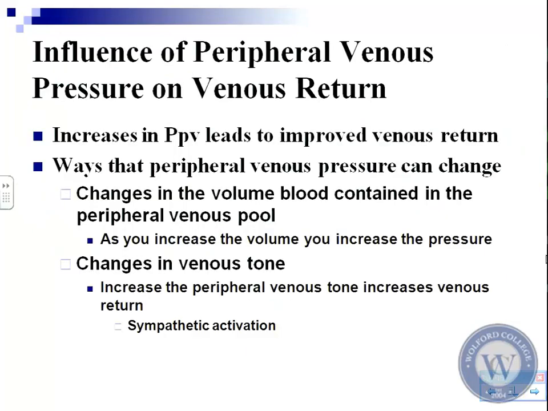Now, what can influence the peripheral venous pressure on venous return? You can increase your delta P; in other words, you increase your peripheral vascular tone and it improves venous return. The ways that peripheral venous pressure can change are changes in the actual volume of blood contained in the peripheral venous pool. As you increase the volume, you increase the pressure.